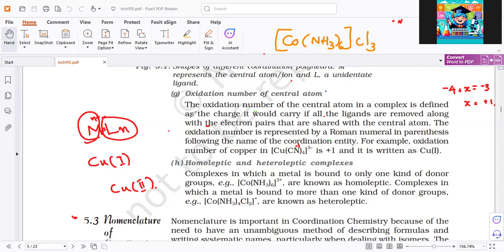And now coming to the next terminology that is commonly used, known as lepticity: homoleptic or heteroleptic complexes.